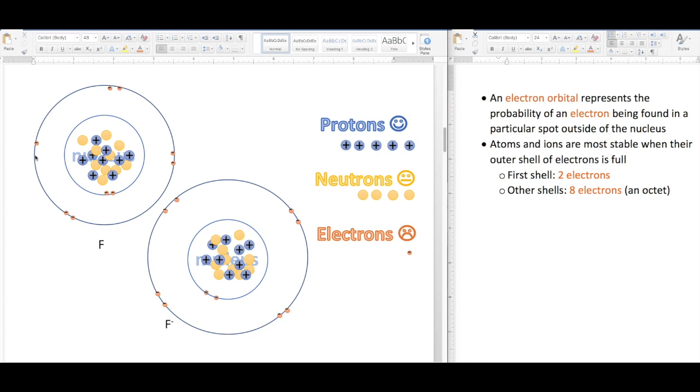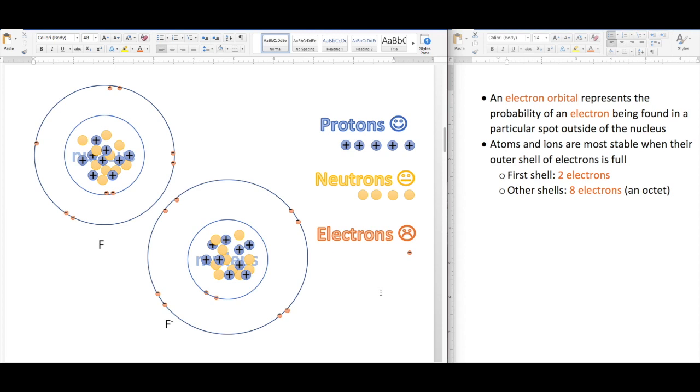So for fluorine, if it did what lithium does and loses electrons to become more stable, it'd have to lose 7 electrons. But the quickest path for fluorine to become stable is actually to gain 1 electron. And so right here is the electron that fluorine has gained.